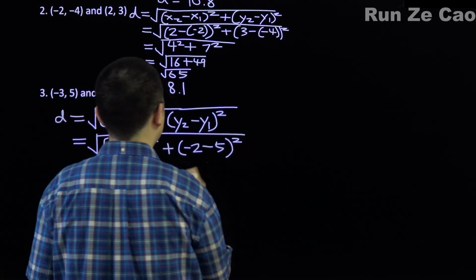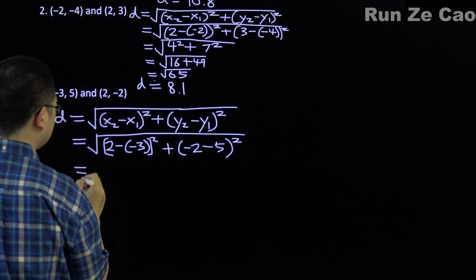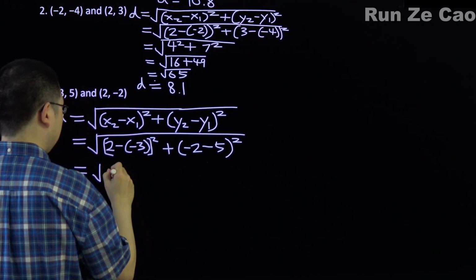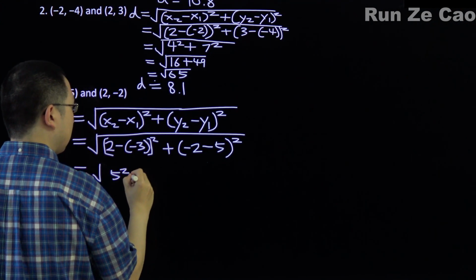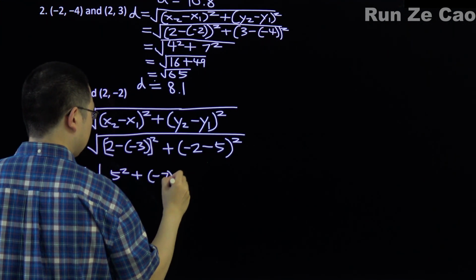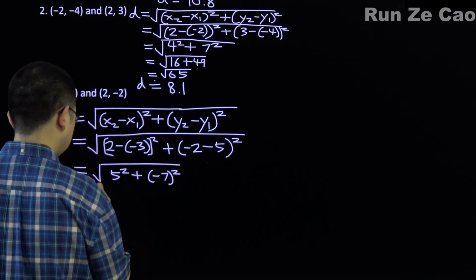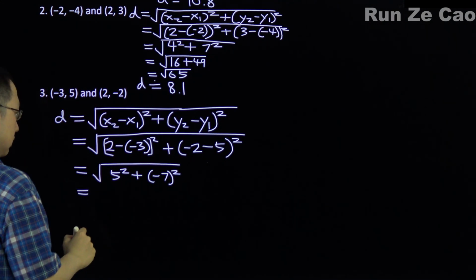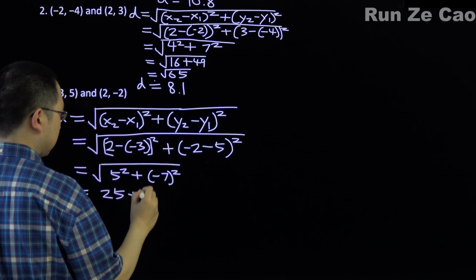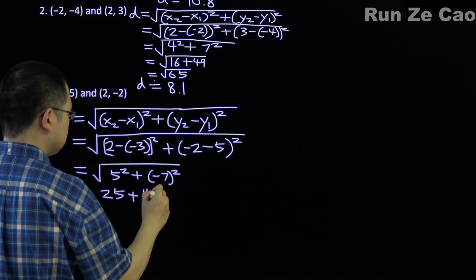Squared. Okay. This is equal to the root of 2 plus 3 is 5 squared plus -2 minus 5, so -7 squared. So this is 25 plus 7 by 7 is 49.